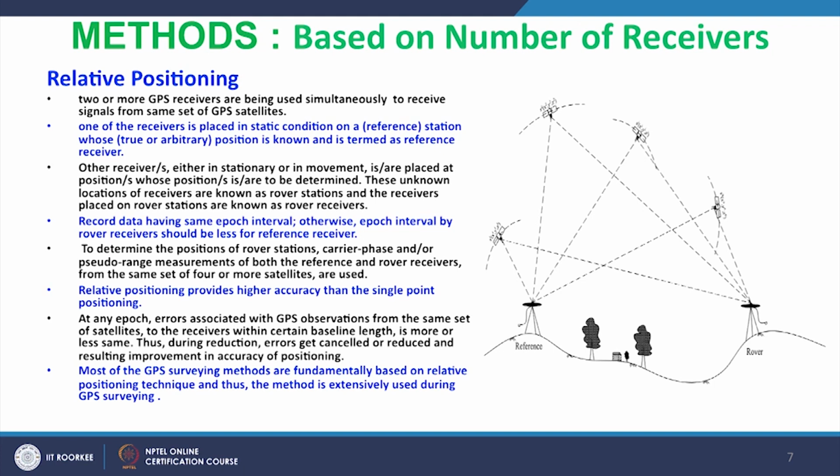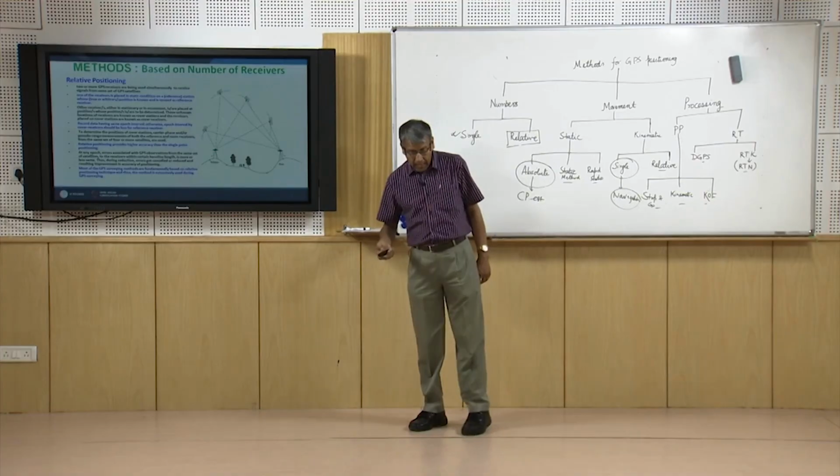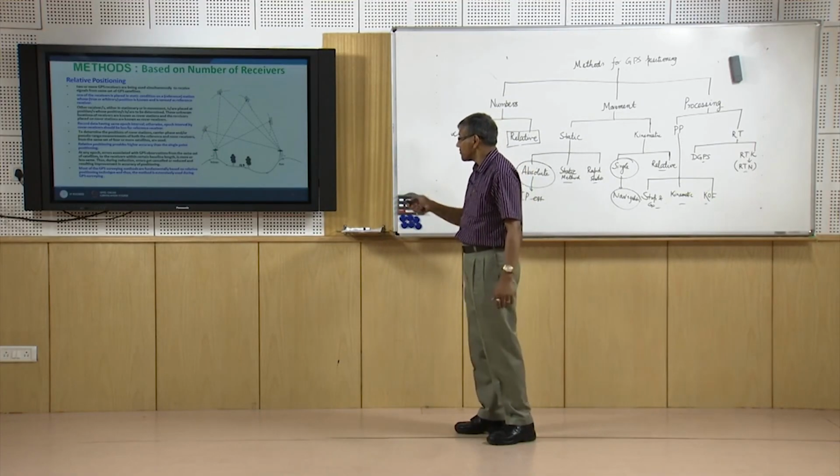This is also called control point, and the other receiver, which will be placed at the point whose position is to be determined, is called rover station or rover point, and the receiver is called rover receiver.